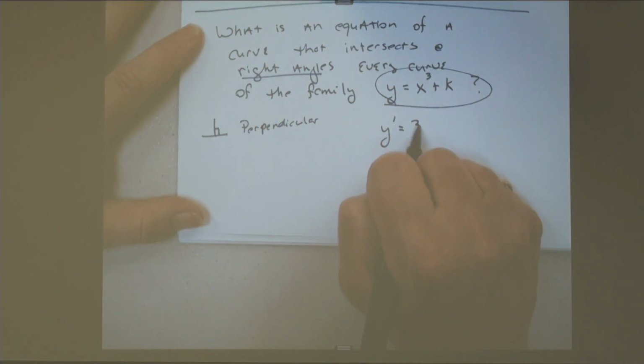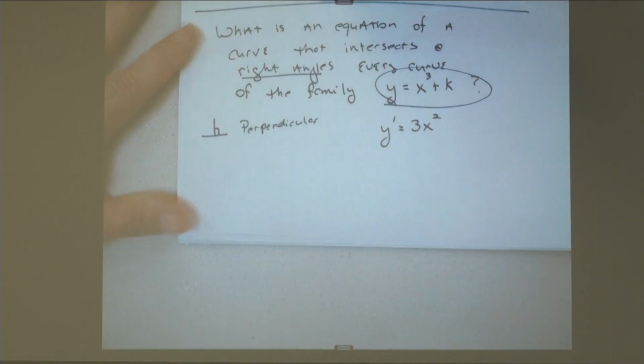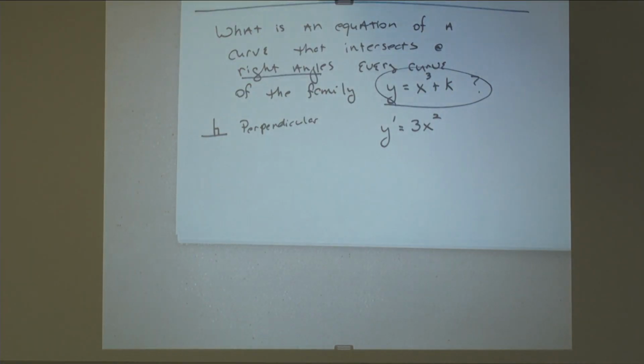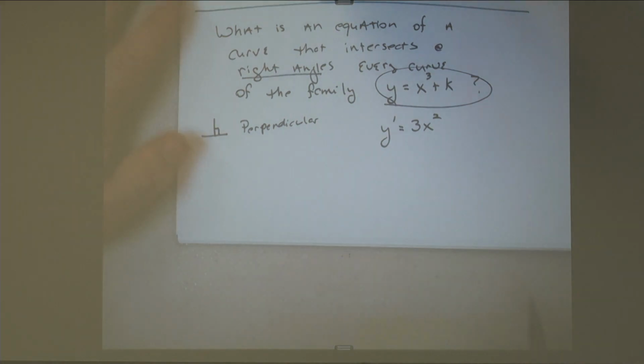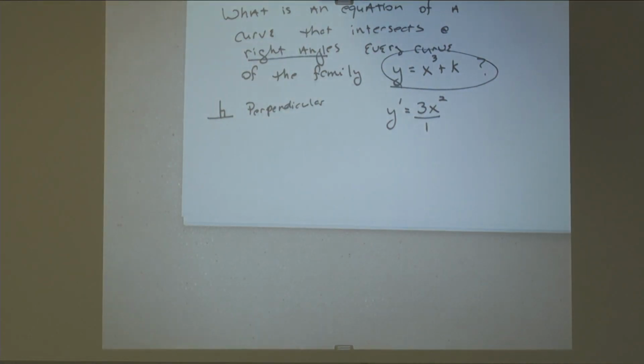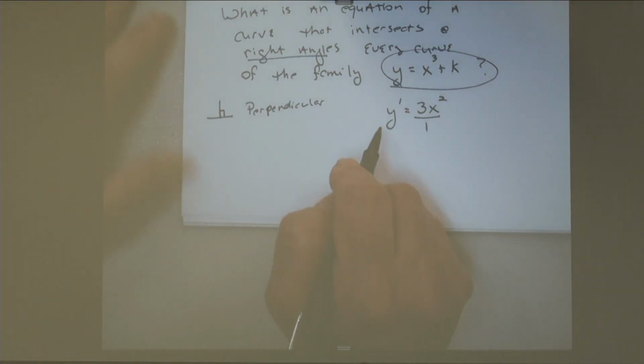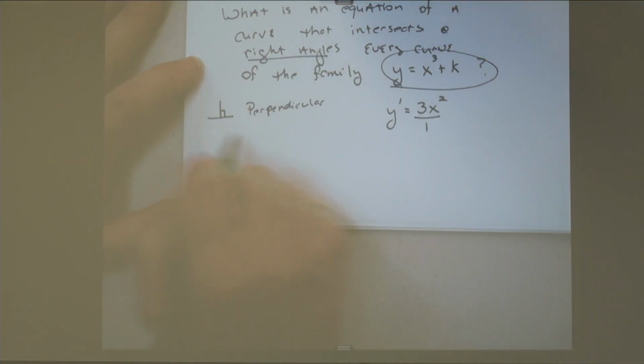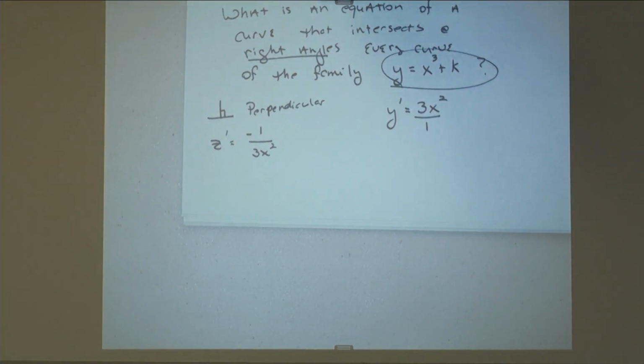So the slope of this family of curves is 3x squared. Now remember, it is 3x squared over 1. So my perpendicular slope then, I'm just going to call it z, is negative 1 over 3x squared. There's my negative reciprocal.